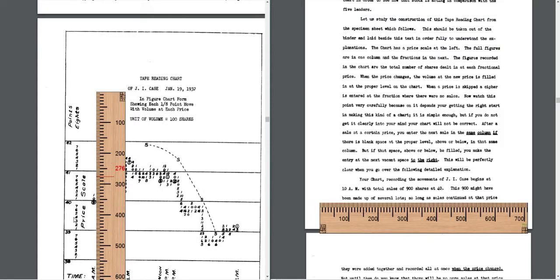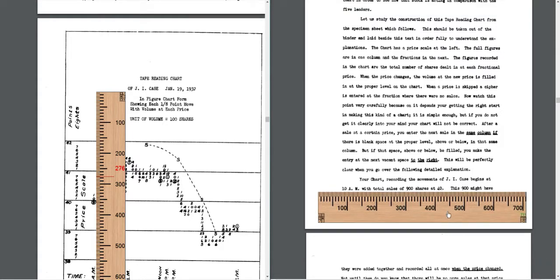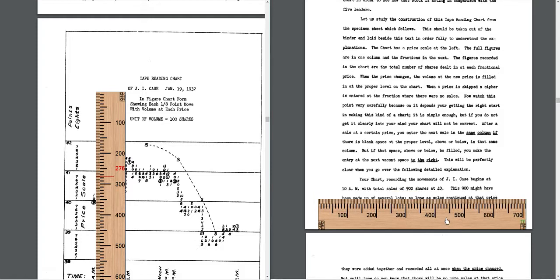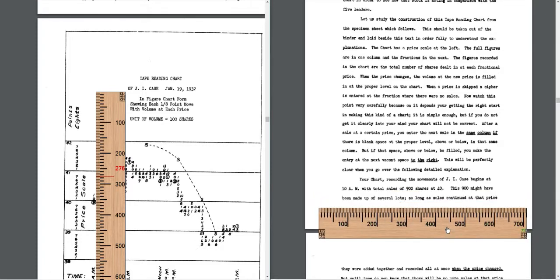So it's just 900 shares traded at 40. It can be at one tick, meaning one trade transaction, or it can be in many trades. Doesn't matter.